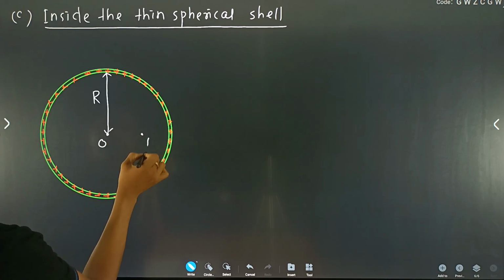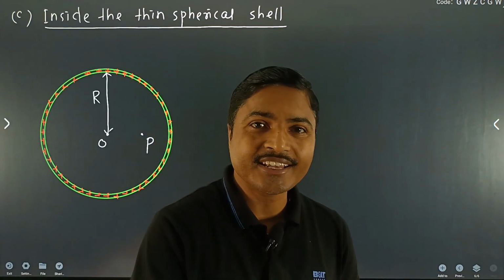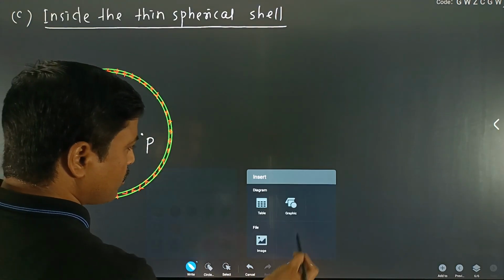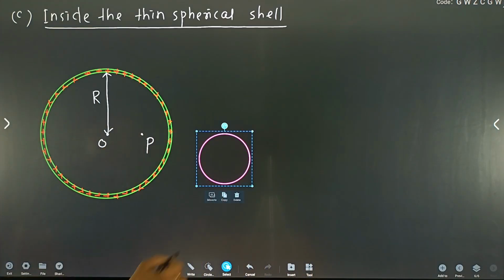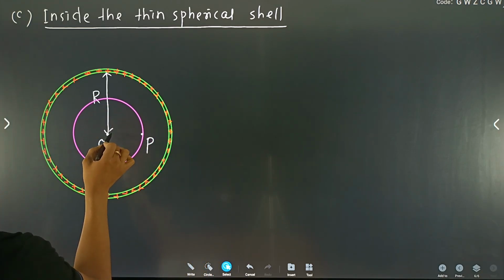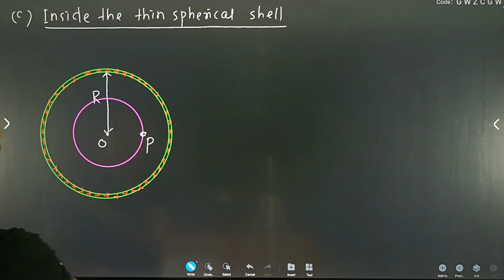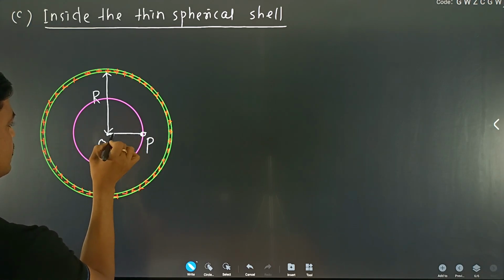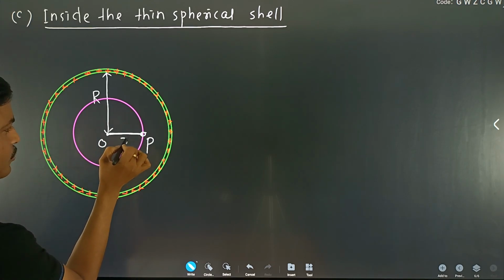For the observation point we write, suppose that is point P, and at point P we will calculate the magnitude of the electric field, and first we draw a Gaussian surface, and the Gaussian surface is also passing through the observation point, and this one is the Gaussian surface. Clear? And this is the distance between the center of the thin spherical shell and the observation point. We write that is r.